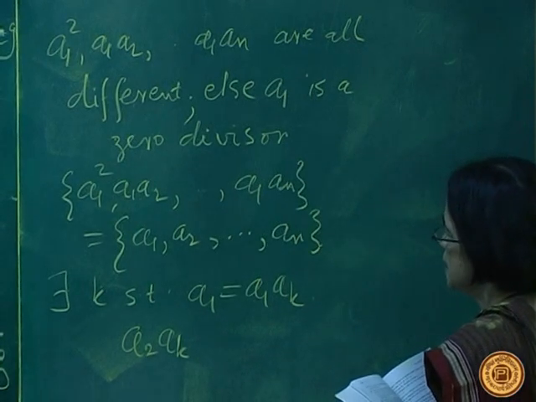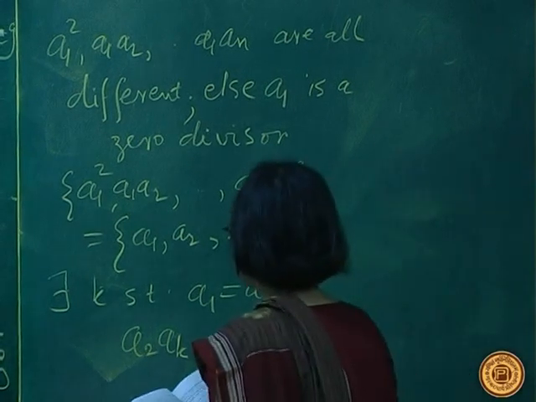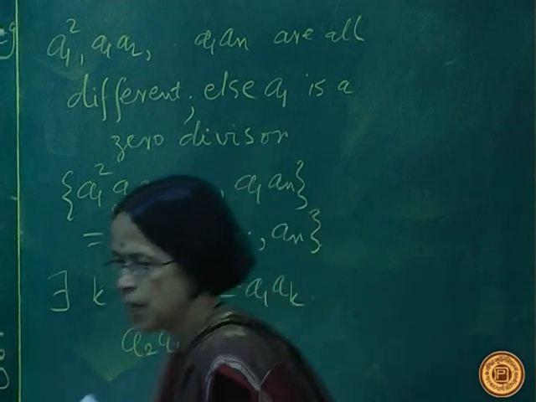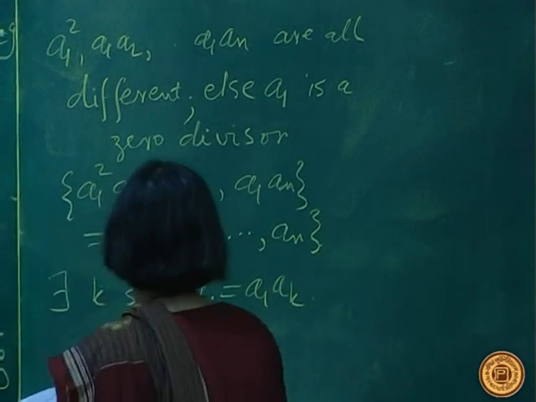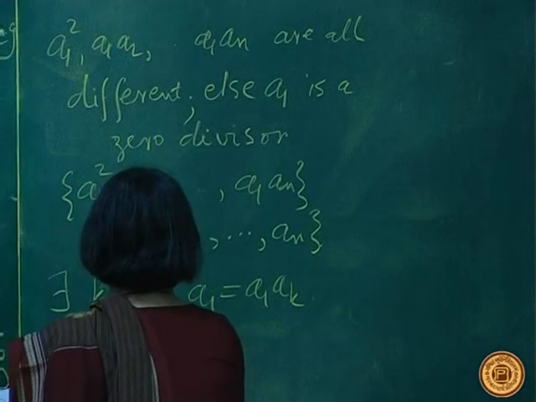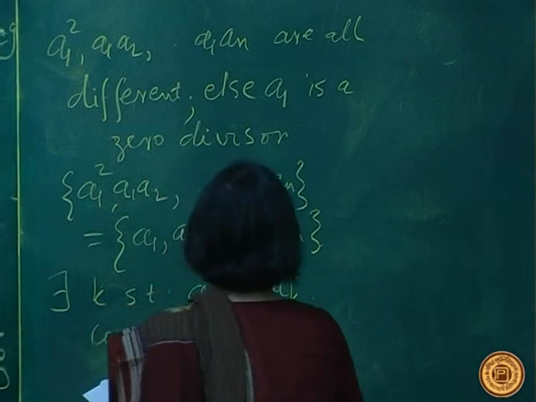That's not difficult. Why? Because consider any A2, AK, or let me just do it more generally. Now consider J bigger than 1.